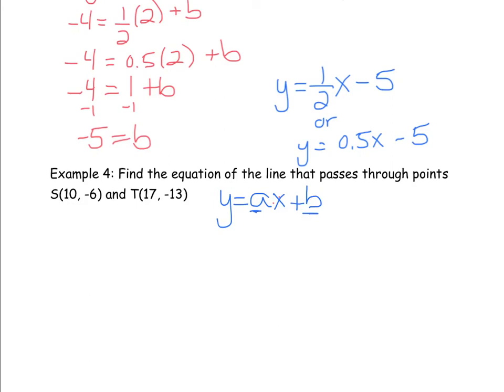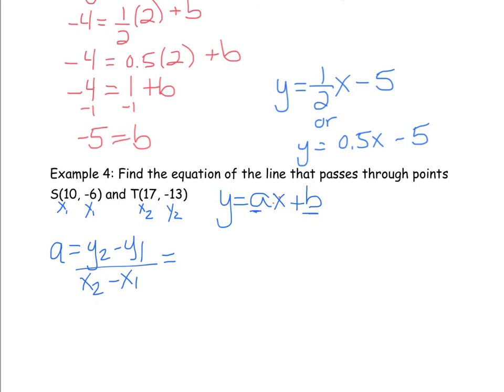So you're going to want to start by finding the slope. So my slope is y2 minus y1 over x2 minus x1. Use these 2 points that were given. So I'm going to label this x1, y1, x2, y2. Remember, when we're finding slope, it doesn't matter which one is your x1 and which one is your x2, as long as you're consistent.